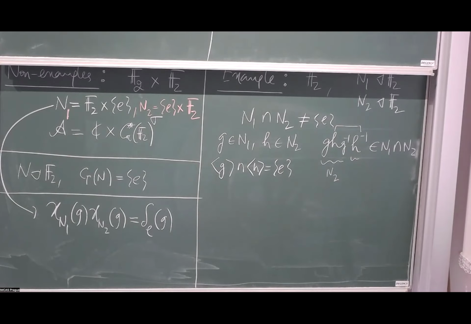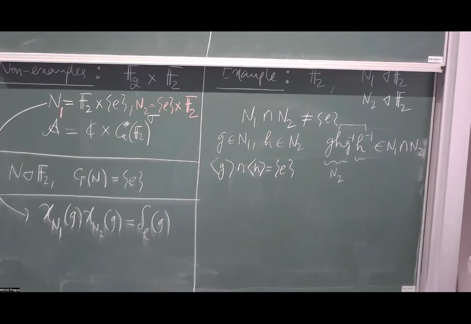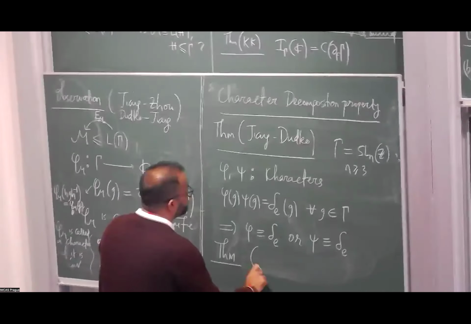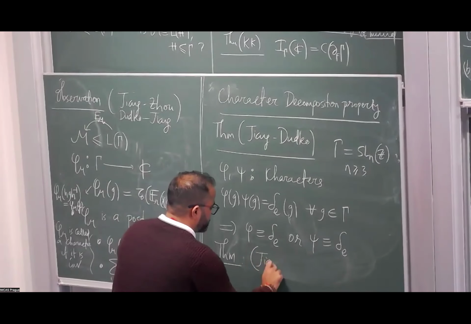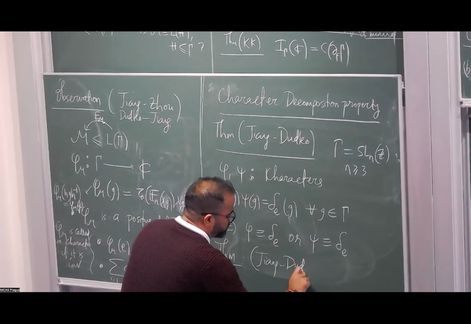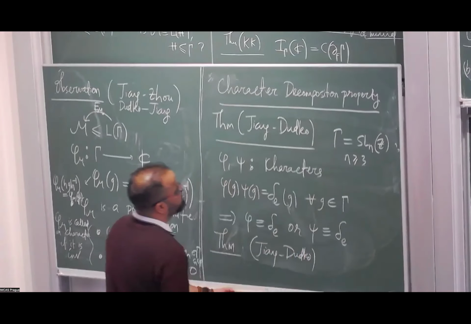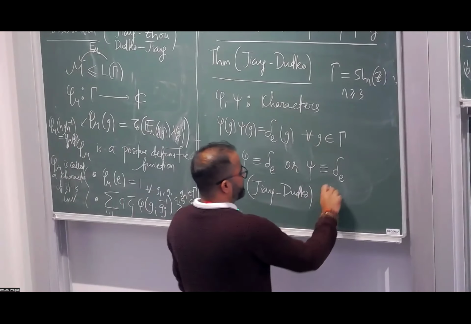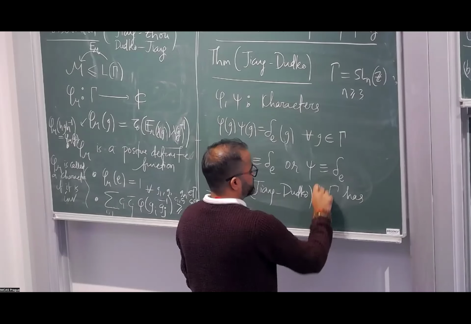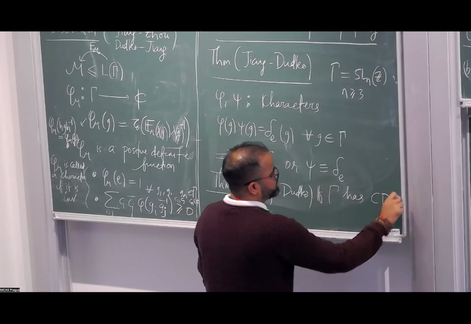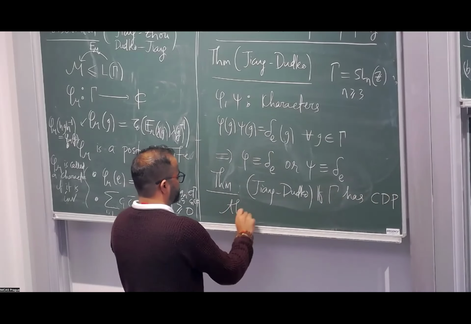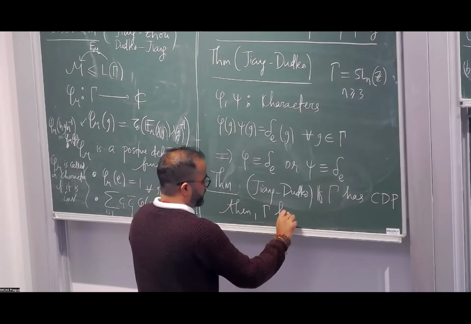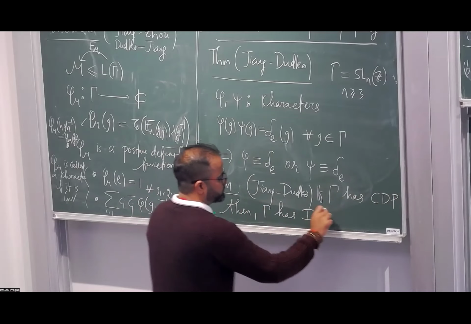And then using this property, they prove that this is another way of proving it. So this is a theorem of Jiang-Dutko that if gamma has the character decomposition property, then gamma has the ISR property.